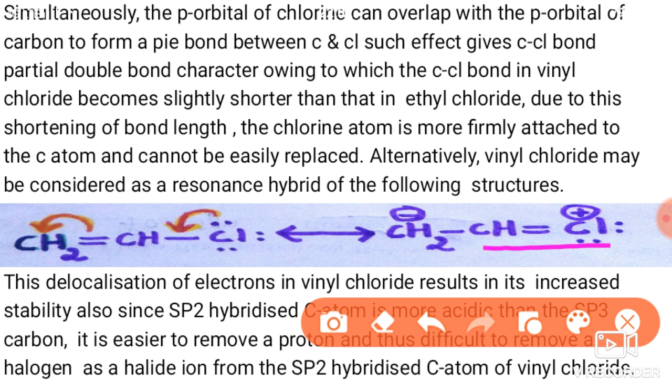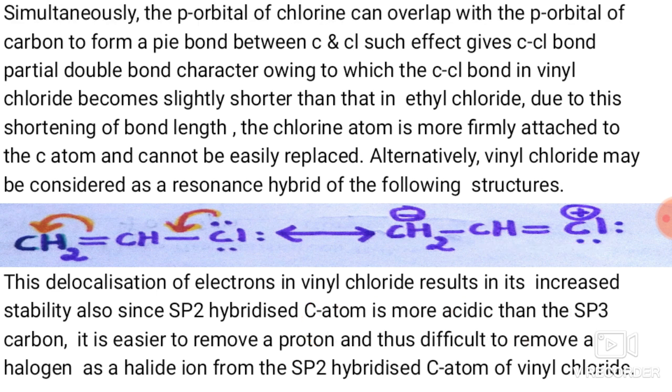Here vinyl chloride, CH2=CHCl. Here the delocalization of electrons, that is, shifting of electrons from one carbon atom to another carbon atom in vinyl chloride, results in its increased stability.